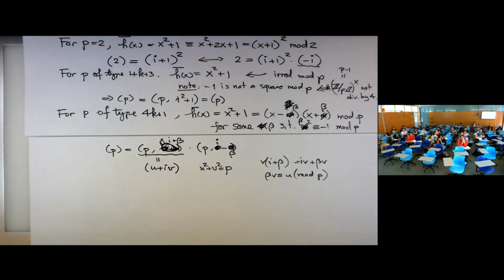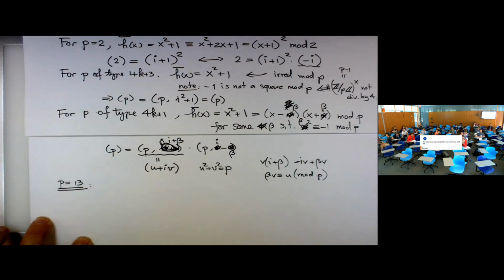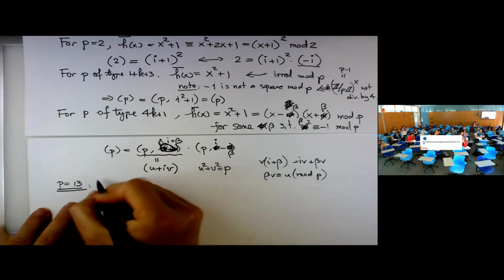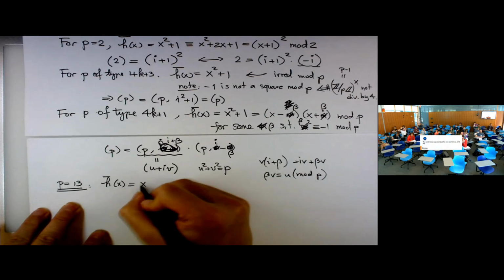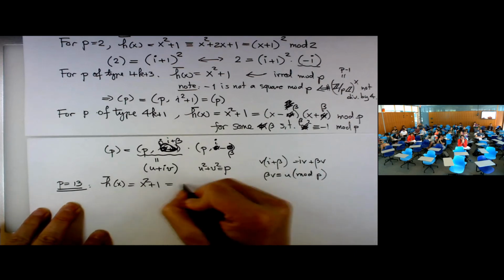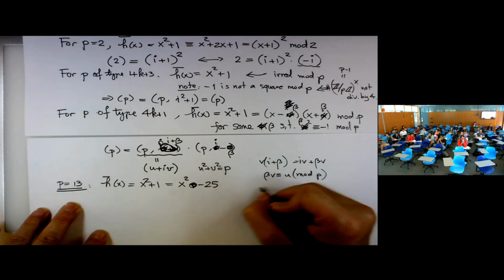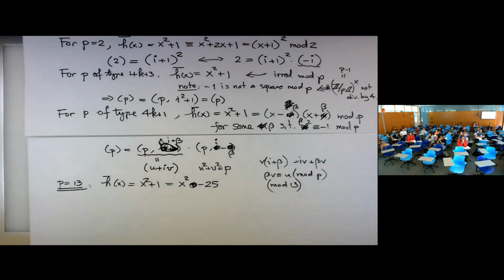Maybe we can do a really quick example. Let's say p equals 13. So what is h bar of x? It's x squared plus 1. It's the same as x squared minus 25, right? 1 plus 25 is 26.